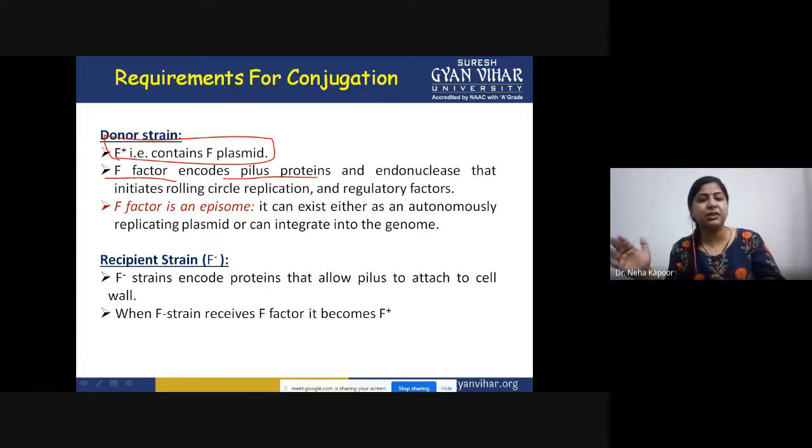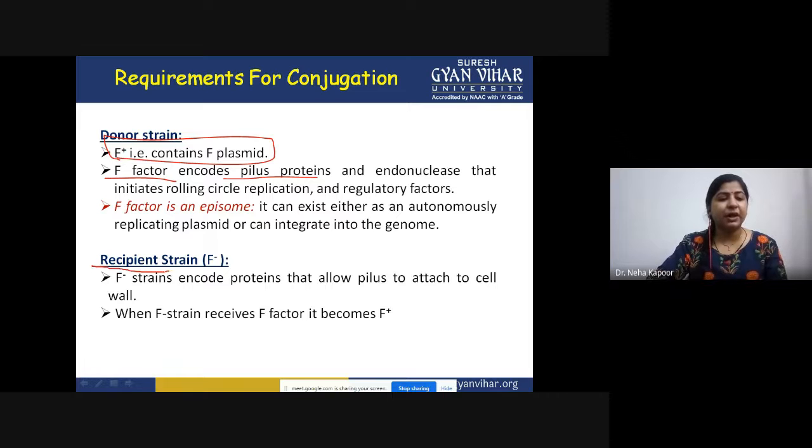In that case, it is known as an episome. Either it can be present in an independent form, or it can get integrated inside the genome. When an F factor is integrated inside the genome, that is also known as an episome.